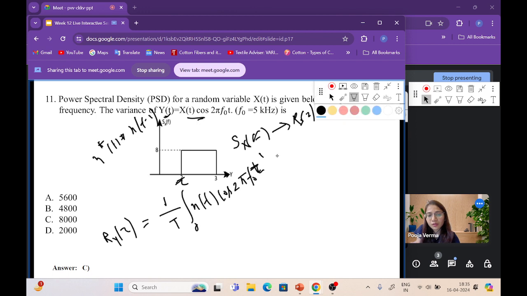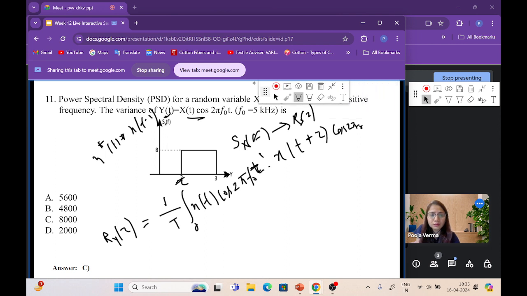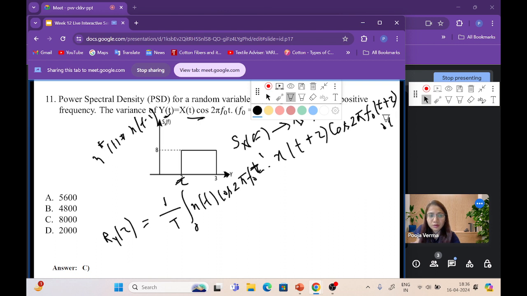Now the shifted version of that signal x can be t plus tau or t minus tau. Here I am taking t plus tau. So cos 2 pi f naught (t plus tau) dt or d tau. Okay.